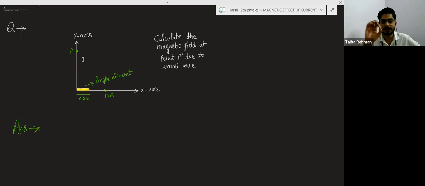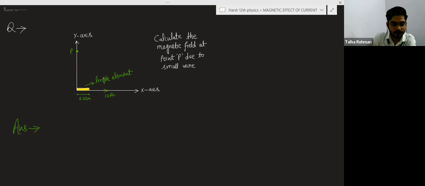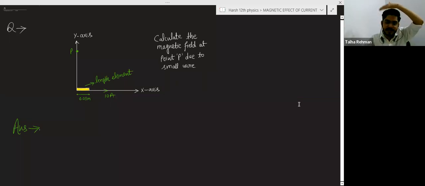But there is a thing I want to tell you here. See here, a length element is given, delta L. This time I am not taking dL, I am taking delta L, like the average velocity, which we represent with delta v, while the instantaneous velocity we represent with dv.